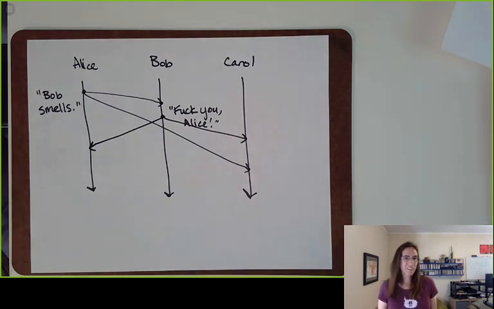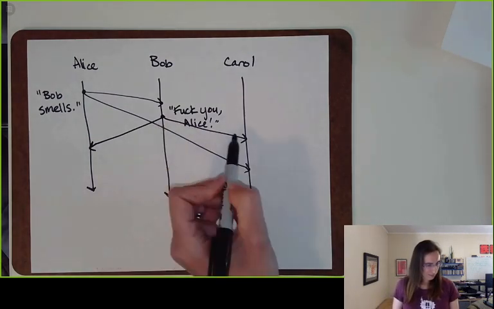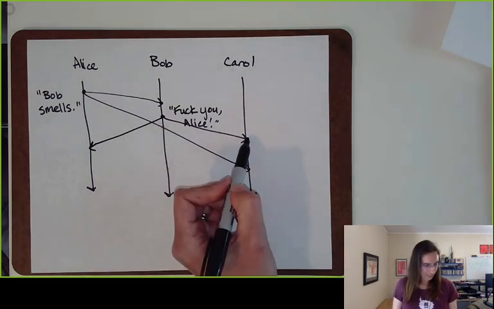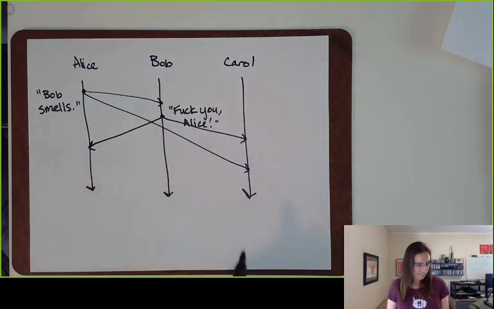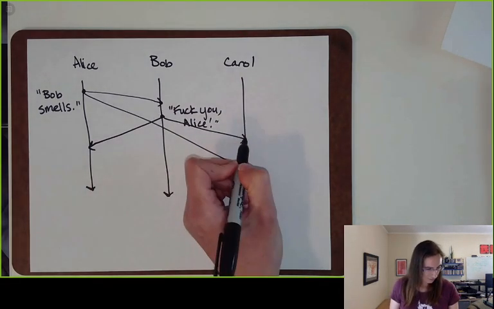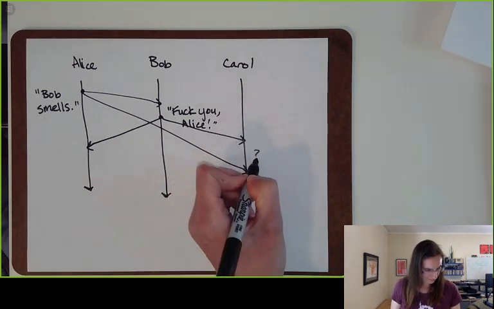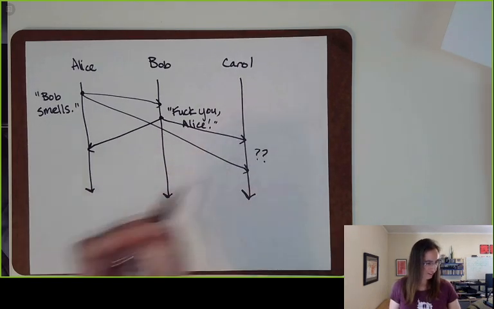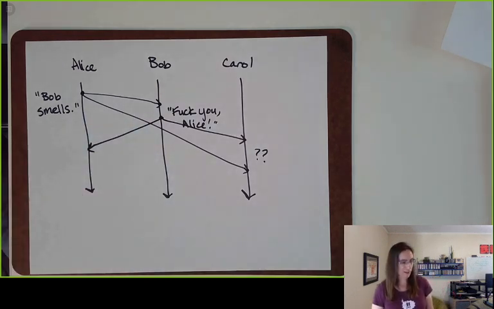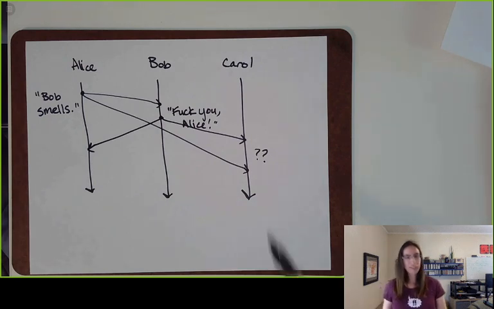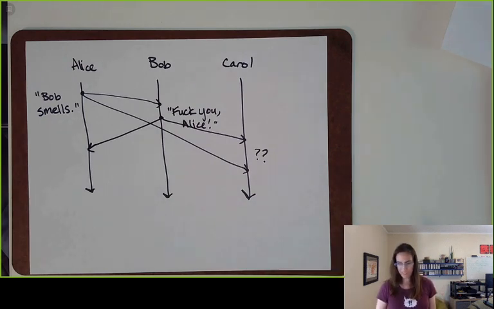Now the question here is, what does Carol think, right? Carol is receiving this very rude message from Bob. What do you think Carol is thinking at this point? Carol has not yet seen this earlier message that prompted the comment from Alice, or for the comment from Bob, rather. So, now, Carol's probably a little bit confused at this point.